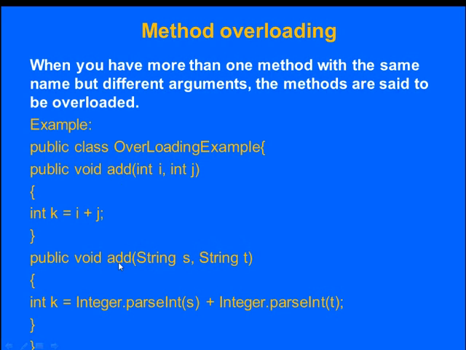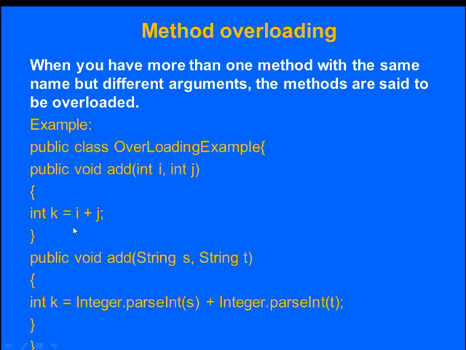But they differ in their signature. Here we have two arguments, and we have two arguments in the second method also, but the data types of the arguments are different. Here we have int, and here we have String.